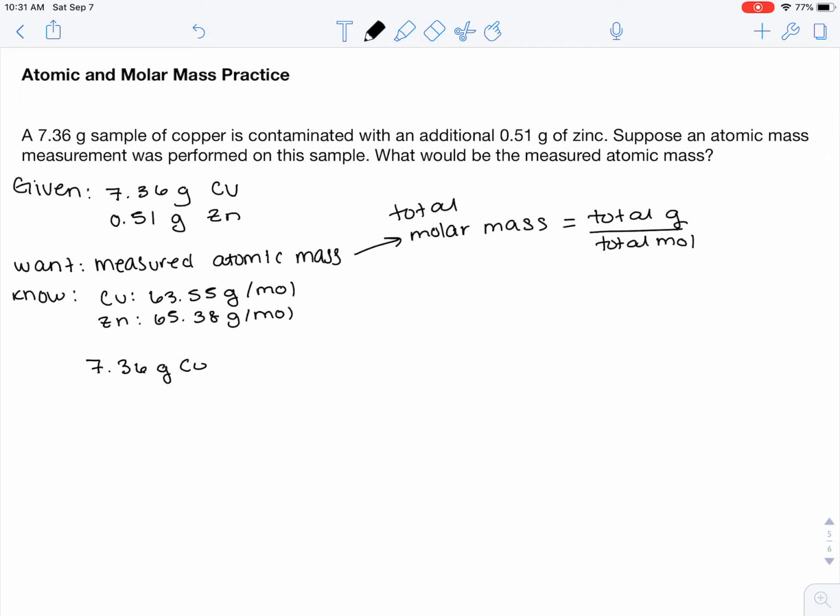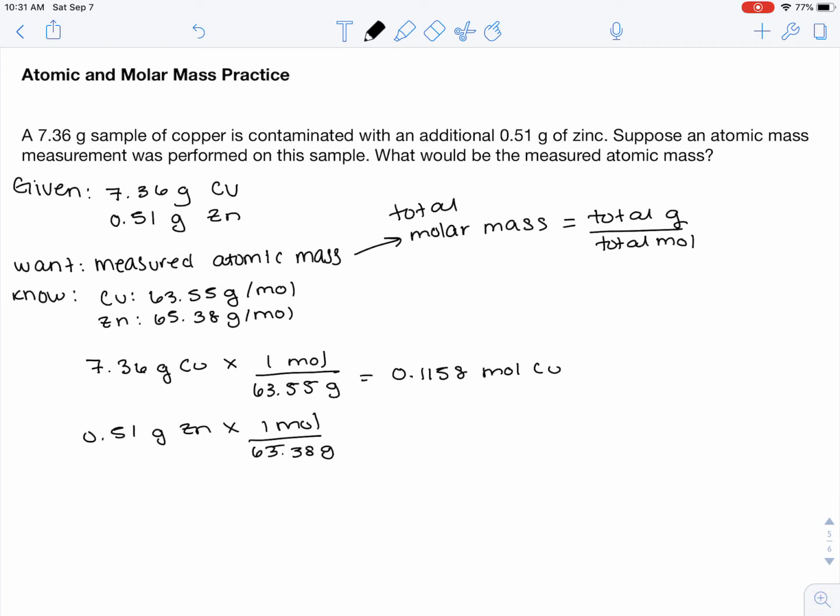So 7.36 grams of copper divided by the molar mass will give you 0.1158 mole copper, and 0.51 grams zinc divided by the molar mass will give you 0.0078 moles of zinc.